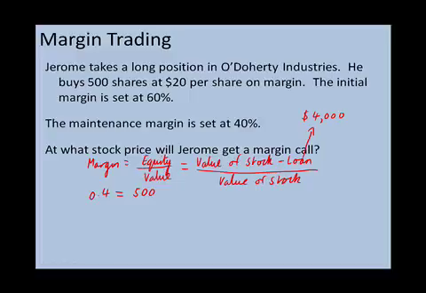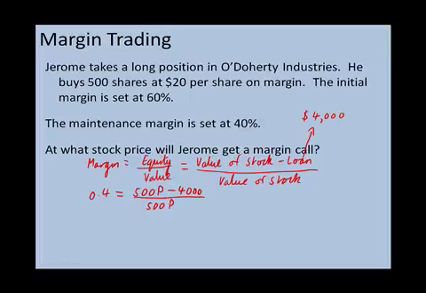So Jerome bought them at $20, but now we're thinking forwards about what price Jerome will get a margin call. So we bought 500 shares, and we're going to try and solve for the price. That's the value of the stock, minus the loan. Well, the loan is 4,000, divided by the value of the stock, which is 500 times the price.